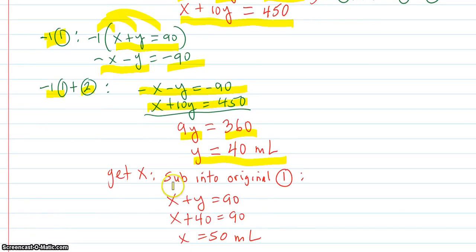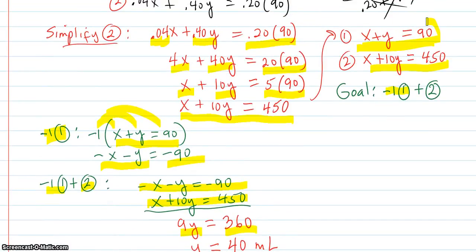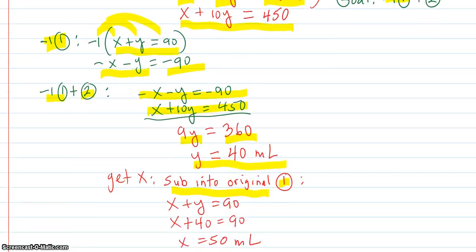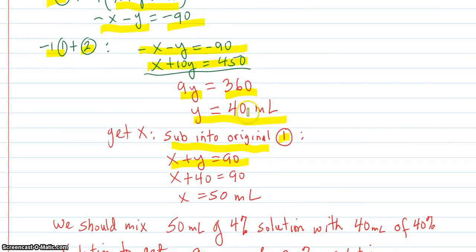Get x. We're going to sub into any equation on the page, but the original number 1 looks like the easiest. Here's the original number 1. X plus y is 90. But y was found out to be 40 milliliters. So x plus 40 milliliters is 90.